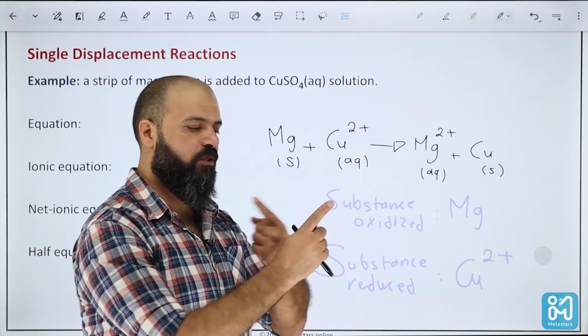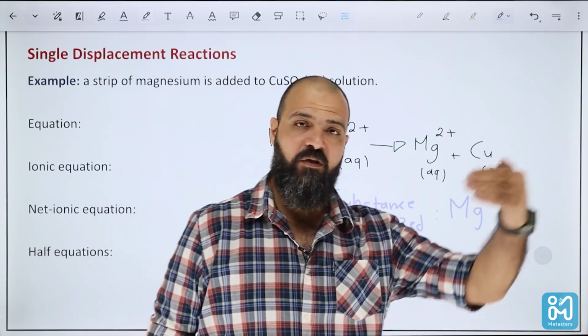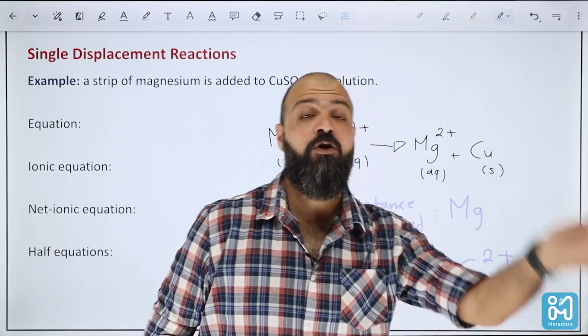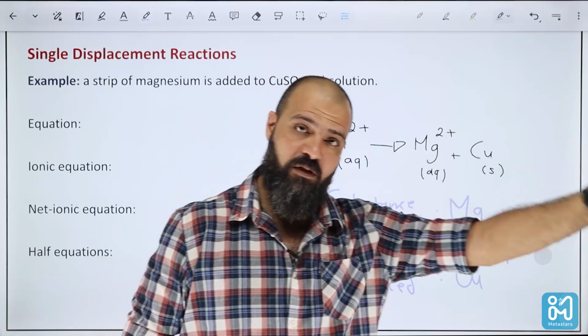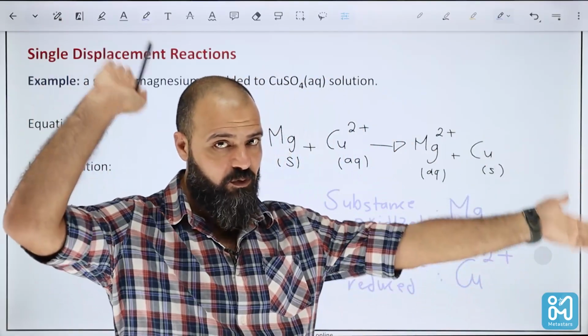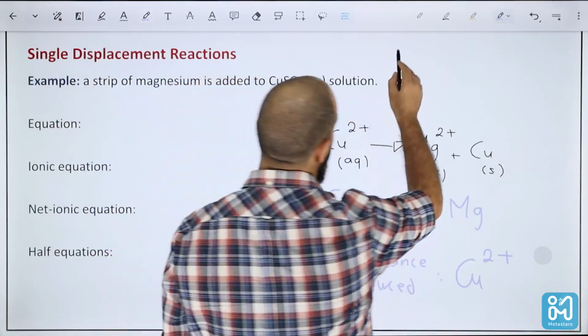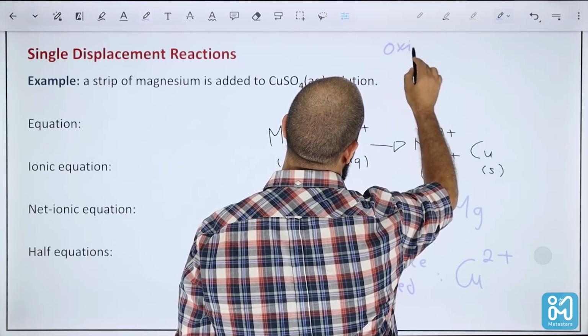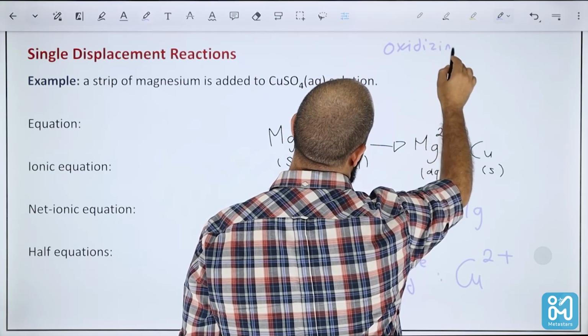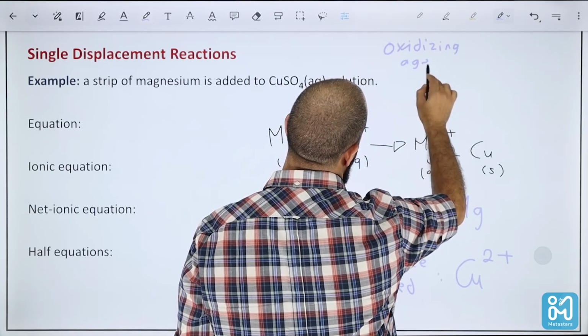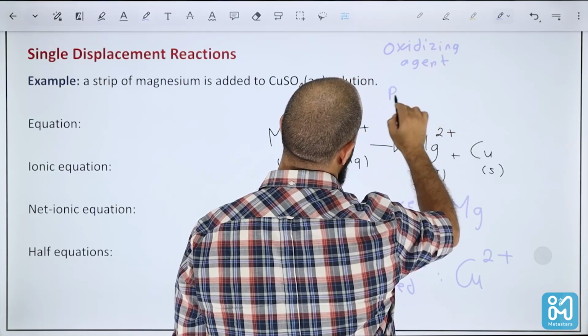So we just switch them. The oxidizing agent is the substance that is reduced. The reducing agent is the substance that is oxidized. Oxidizing agent and reducing agent.